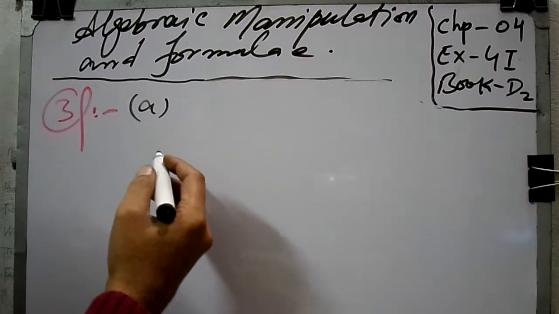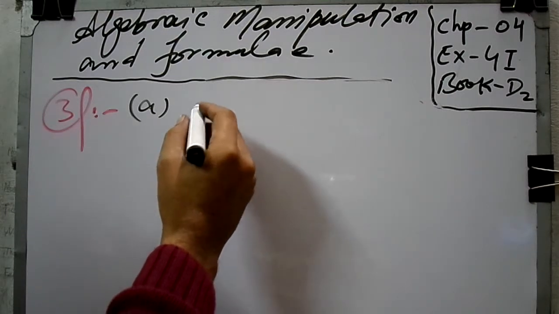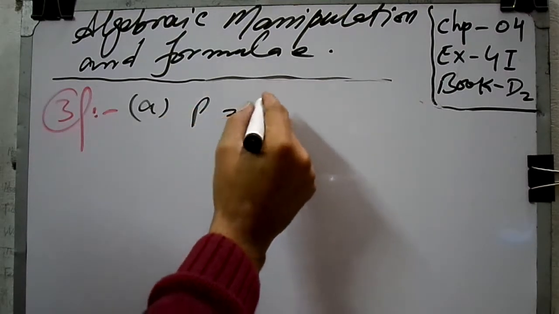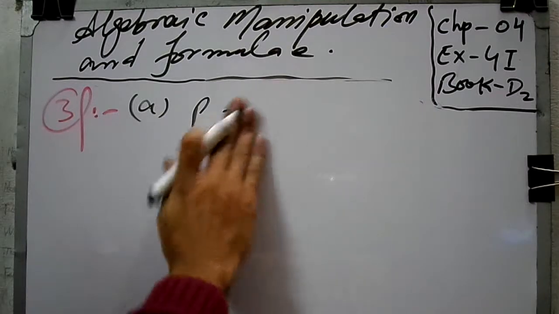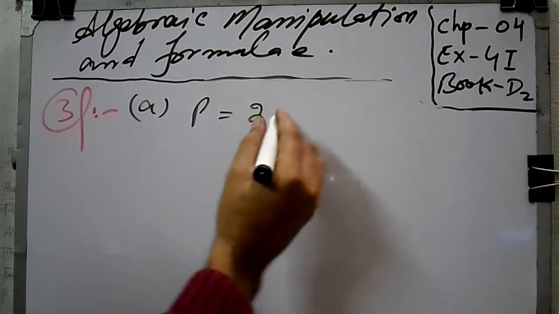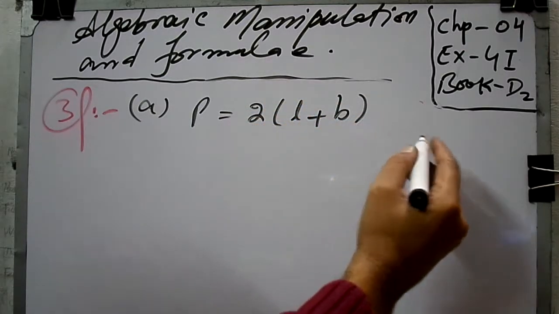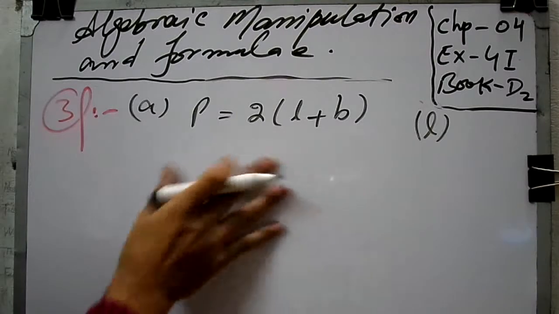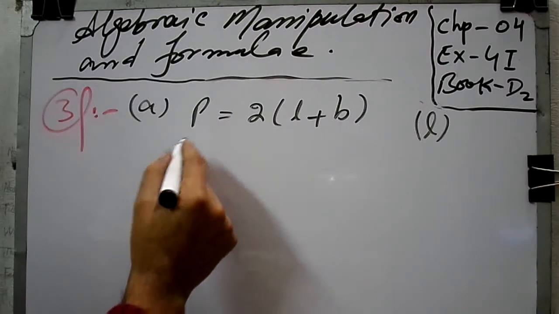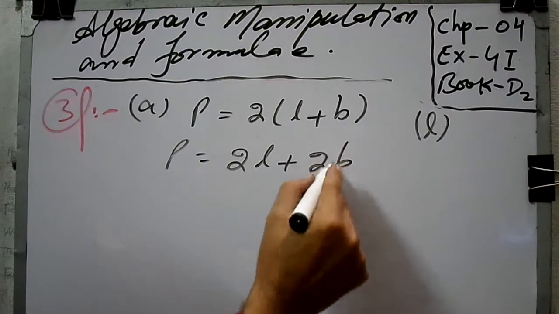So in A part, you can see question number 3, P is equal to 2 into (L plus B). We have to make L as a subject. So by multiplication, 2L plus 2B.